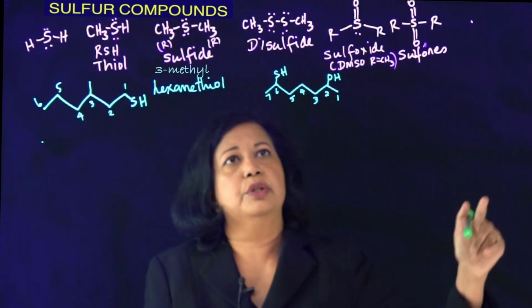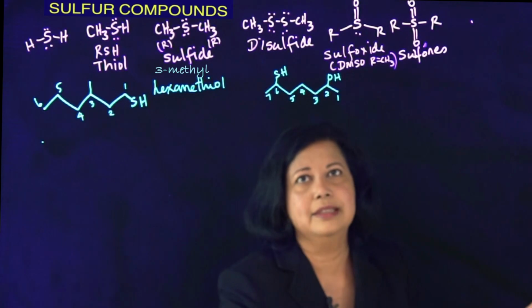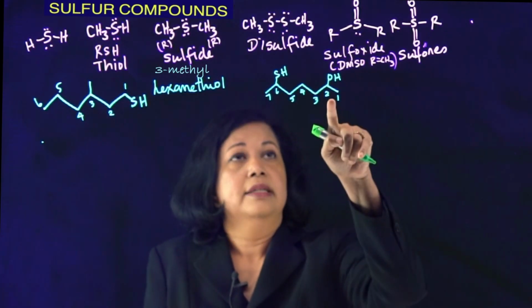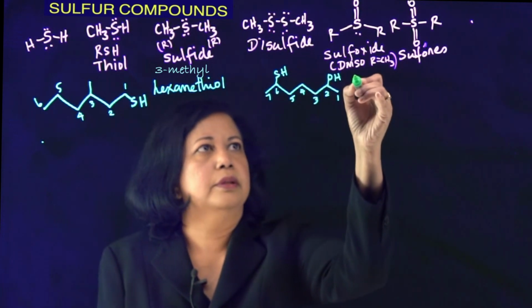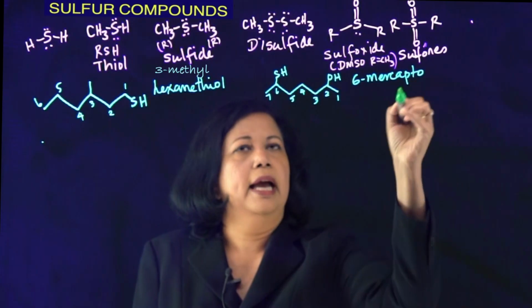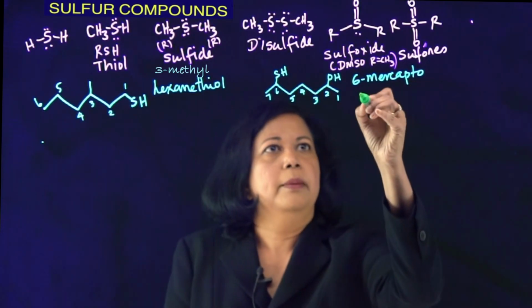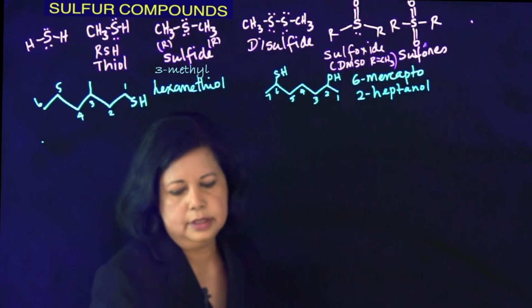So alcohol would be the suffix for that, because the highest priority group always gets the suffix. You know that in naming, right? So this is heptanol. So this is 6-mercapto. So when it's a side chain, we call it mercapto. 2-heptanol. If you had an alkene, you call it heptenol, and so on.